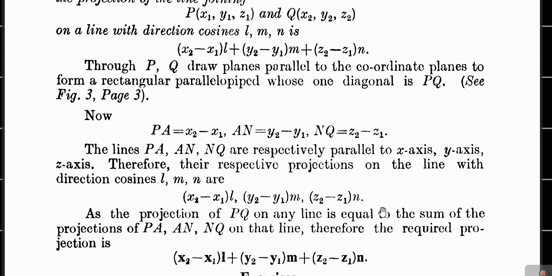Next, as the projection of segment PQ on any line is equal to the sum of the projections of PA, AN and NQ, means the sum of the projections on these three lines, x-axis, y-axis, z-axis, on that particular line, the required projection will be (x2 minus x1) into l plus (y2 minus y1) into m plus (z2 minus z1) into n.